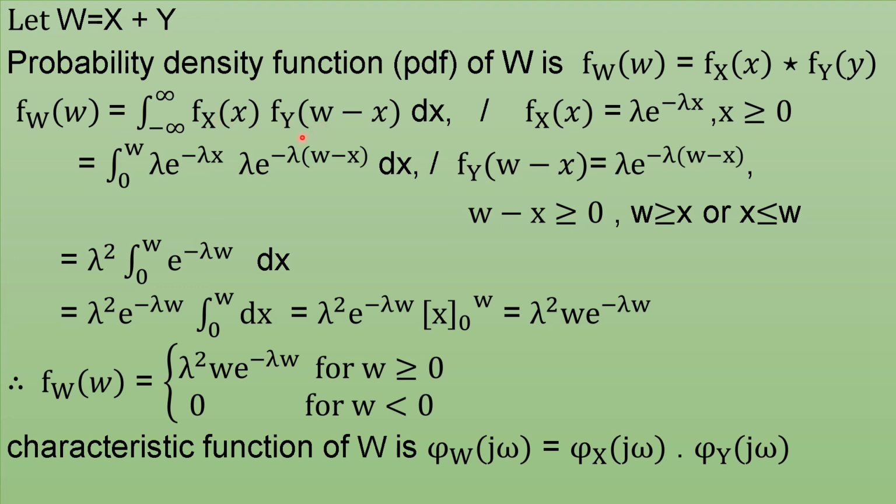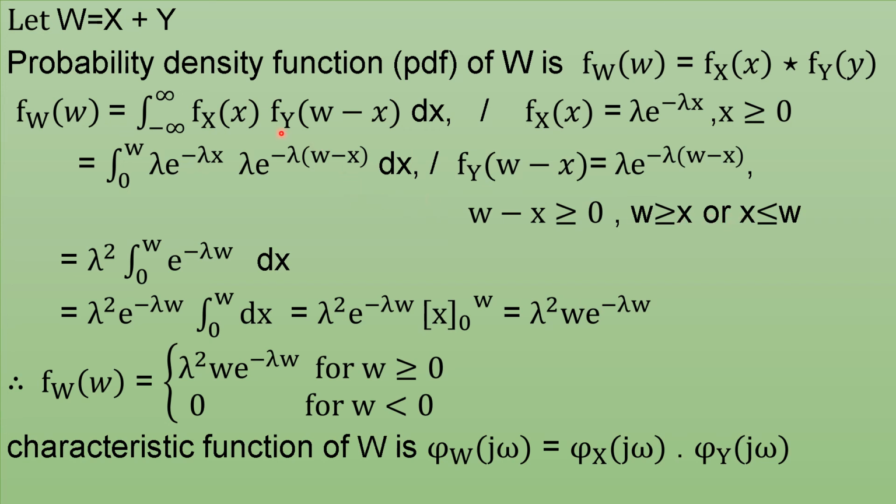Now the second factor. Fy of y is lambda into e power minus lambda y for y greater than or equal to 0. So fy of w minus x becomes, replacing y by w minus x, lambda into e power minus lambda into w minus x, provided y is greater than or equal to 0. Here y means w minus x, so w minus x should be greater than or equal to 0, meaning w should be greater than or equal to x, meaning x should be less than or equal to w.